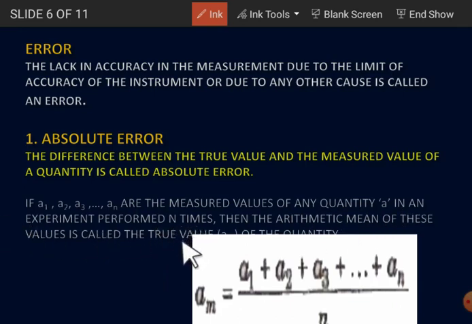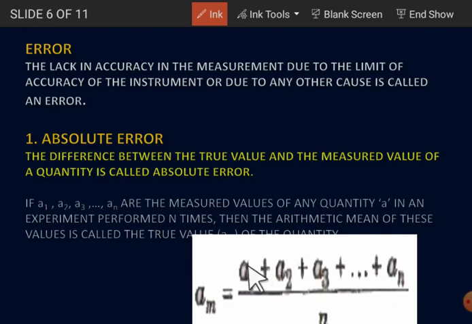How many times do you measure it? You measure it n times, and for those n measurements you have a1, a2, a3, and so on up to an. Then the arithmetic mean of these values is called the true value A of the quantity.